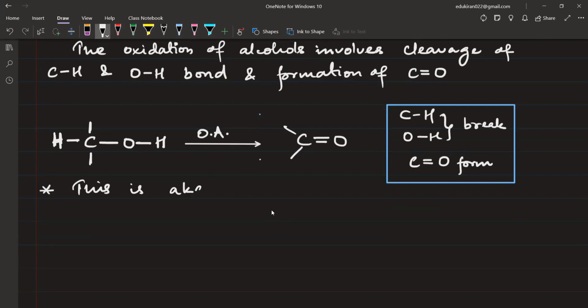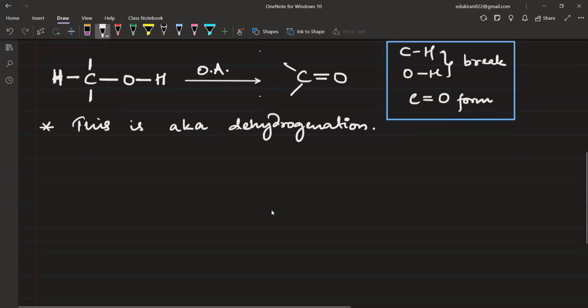This is also known as dehydrogenation, because hydrogens are being removed.